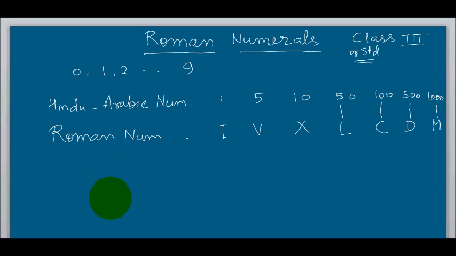First of all, I want to write the Roman numbers from 1 to 10, and after that I will show you how they are formed. This is 1, 2, 3, 4, 5, 6, 7, 8, 9, 10.